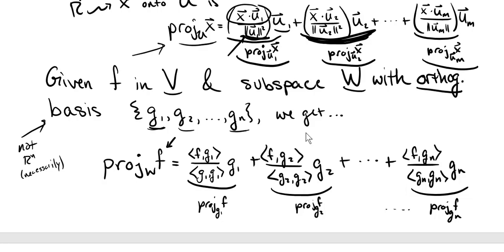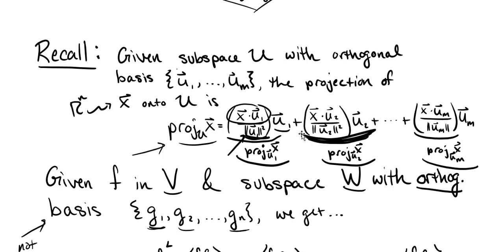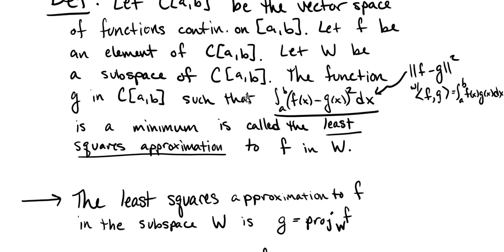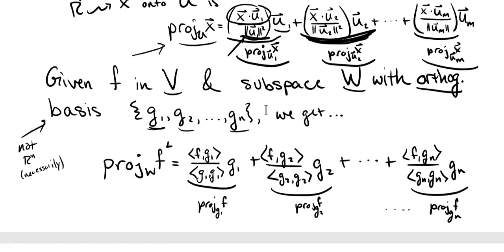All right, so this is how we're going to find the least squares approximation of a function in one of these inner product spaces. All we're going to do is find an orthogonal basis. We do need it to be orthogonal to do it as simply as this formula implies.